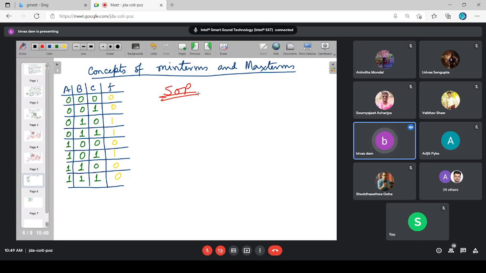In the truth table, what should be our target? To find the input combinations for which the output is 1. So how many such input combinations are there? 3. So here is 1, second, third. Okay, so then you have to find out, what is the next step?